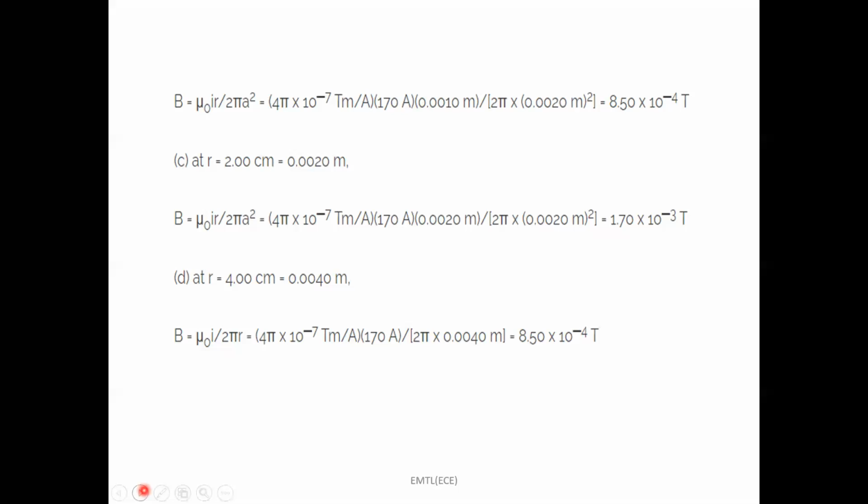So this is the solution of the problem for different positions of r, that is r is equal to 0, 1 centimeter, 2 centimeters, and 4 centimeters, by given current and values.